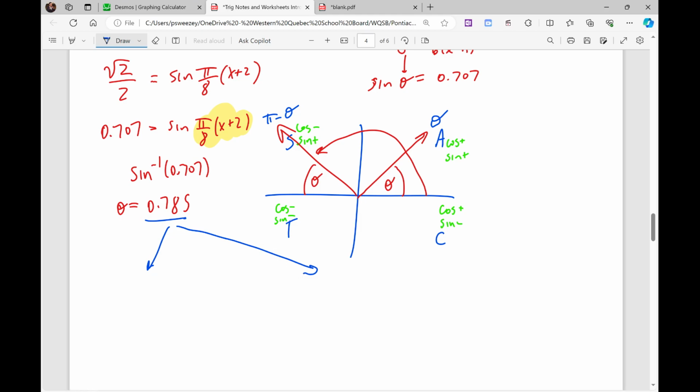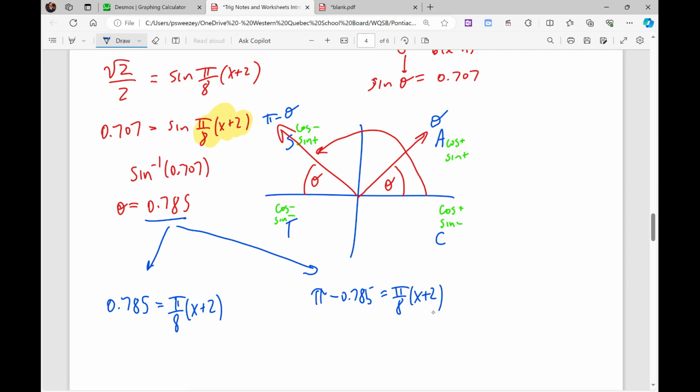The first one, let's do the easy one: 0.785 is equal to, now the sine has disappeared, pi over 8 x plus 2. But the other answer is going to be pi minus 0.785 is equal to pi over 8 x plus 2.